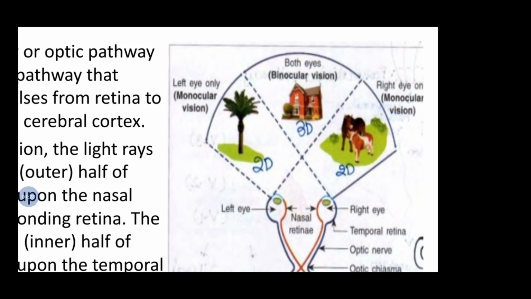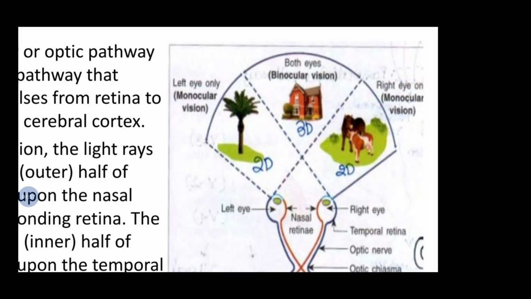With the help of the temporal part I can see the peripheral parts of the external scene. So peripheral vision is because of the temporal part of the retina. So we have a nasal field and we have a temporal field. The light rays from the temporal part of the visual field fall on the nasal half of the retina of that eye.